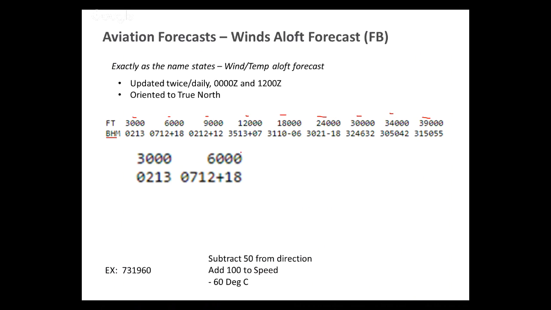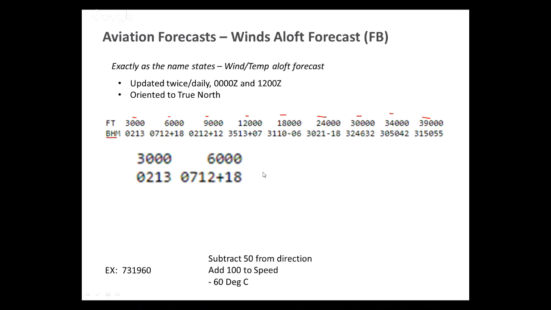The formatting of the winds aloft forecast will drive you absolutely nuts, but once you get used to it, it's not too bad. This will absolutely be one type of reporting tool that you use your electronic flight bag for, because it does all the conversions for you, and you don't even have to read the text report. But you'll be expected to know the text report, so you have to learn it.